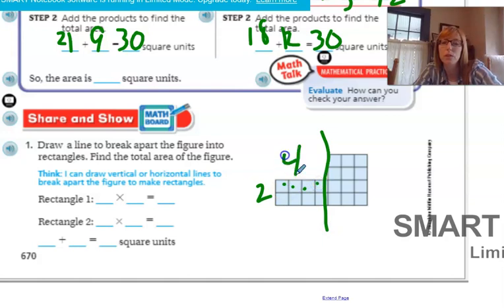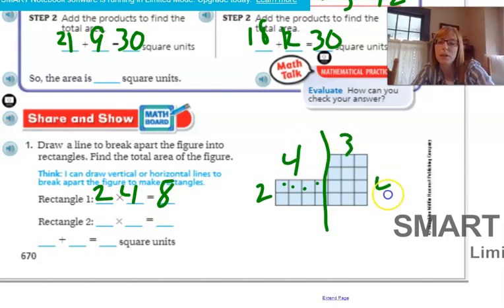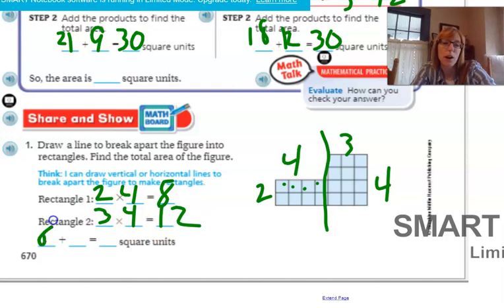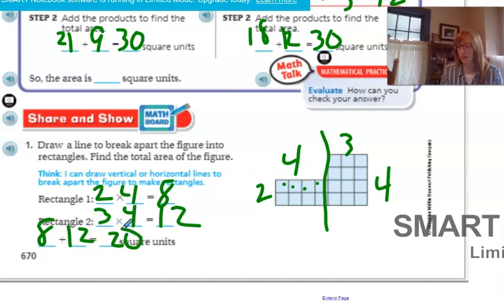So 2 times 4, so I write down 2 times 4, and that gives me 8, and then I have 3 times 4. So 3 times 4, and you got it, 12. So we've got 8 plus 12 equals, you are correct, 20.